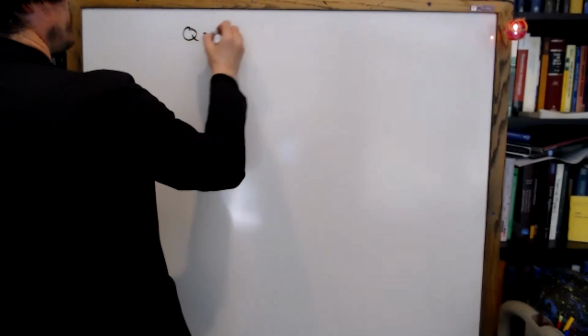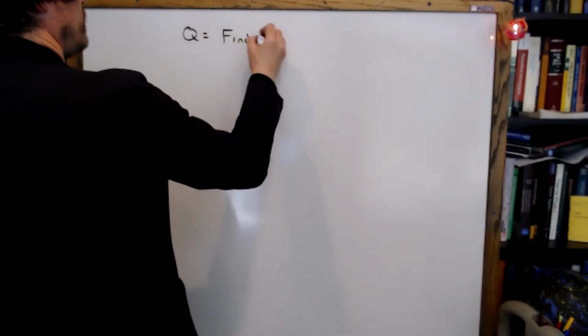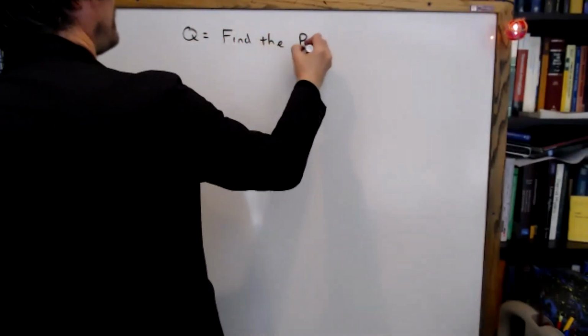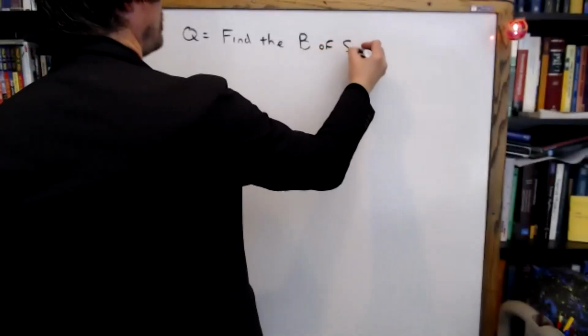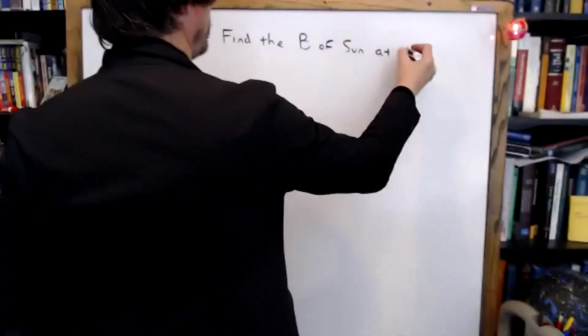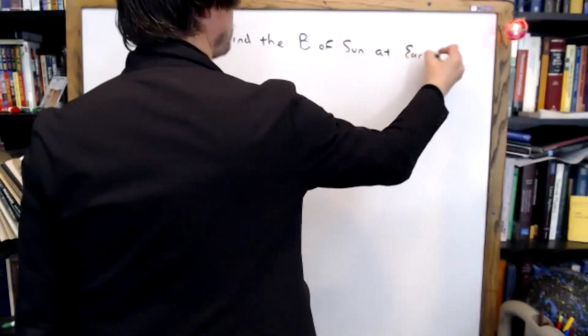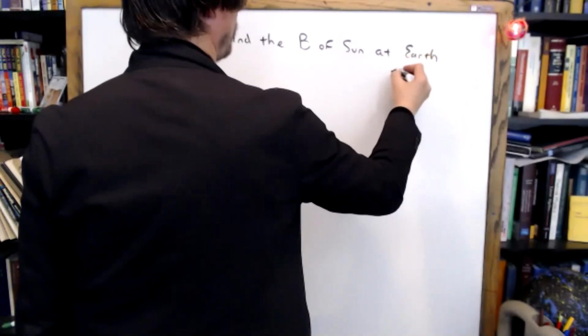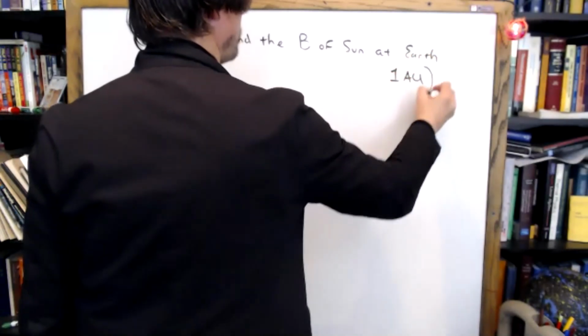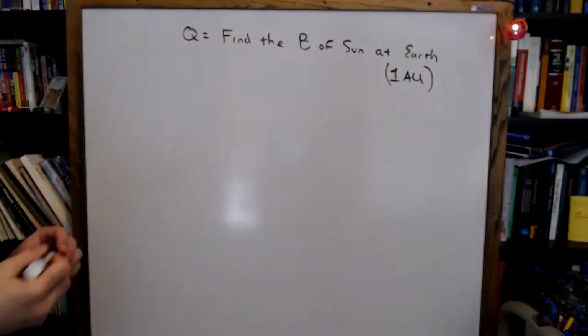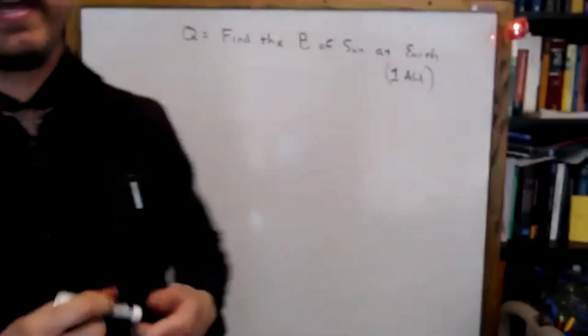Here's a sample question. Find the brightness of the sun at Earth at a distance of 1 AU. In other words, there's 2 ways to think about this problem.